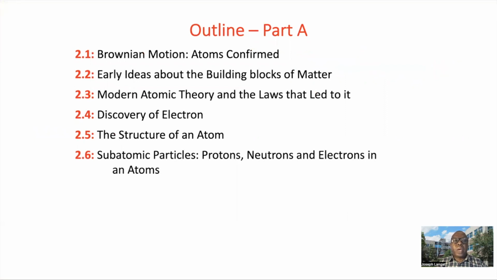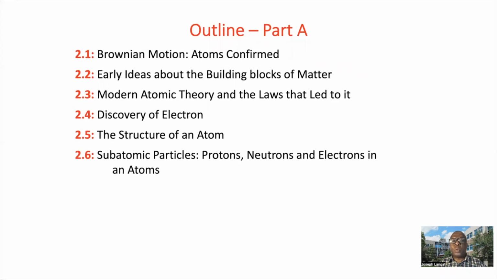Section 2.2, early ideas that led to understanding of the building blocks of matter, which we defined earlier in chapter 1. Matter is anything that has mass and occupies space. Remember that. In section 2.3, we will look at the modern atomic theory and the laws that led to it.